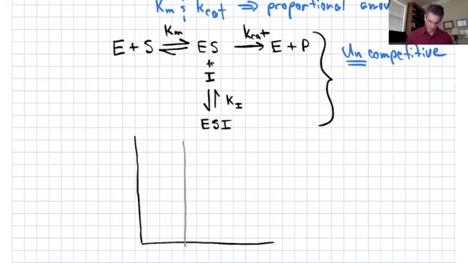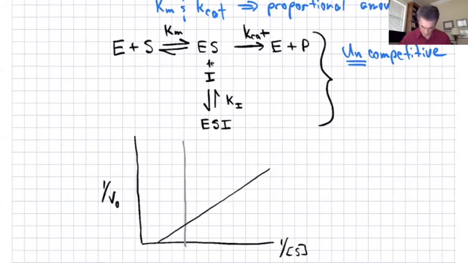Here again is our 1 over V naught, 1 over the concentration of substrate here. So in the absence of our inhibitor, we would have, of course, our nice straight line. Let me do it right.